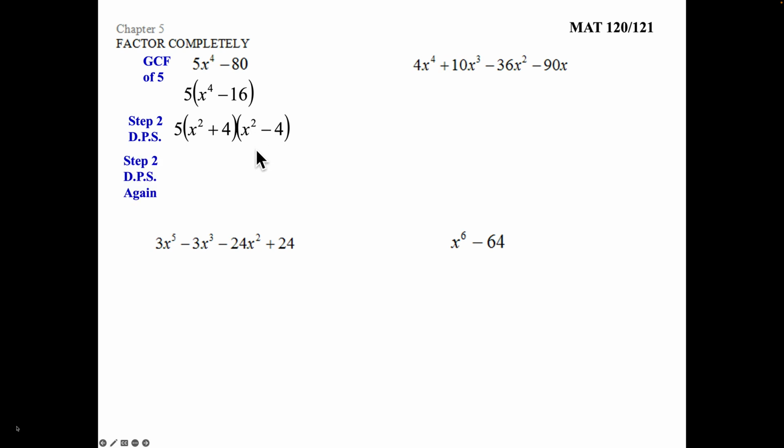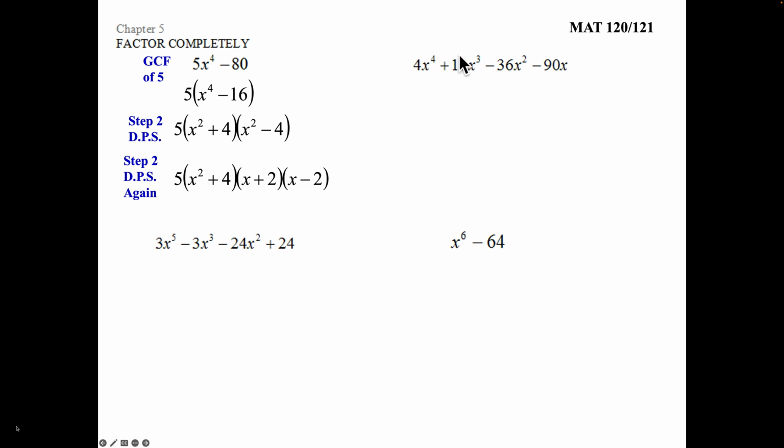So this breaks down to x plus 2, x minus 2, but this doesn't change. It's not a difference, it's a plus. Now we're done. So when you look at this problem, x to the fourth, you're going to try to come up with 4 factors with an x in it. We can only come up with 3 because of the x squared plus 4.